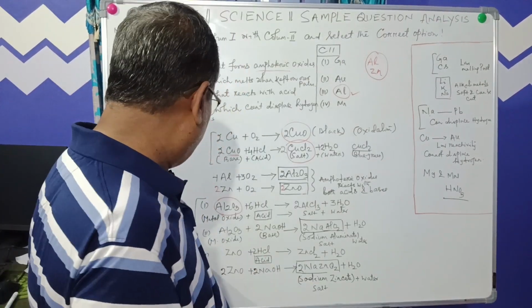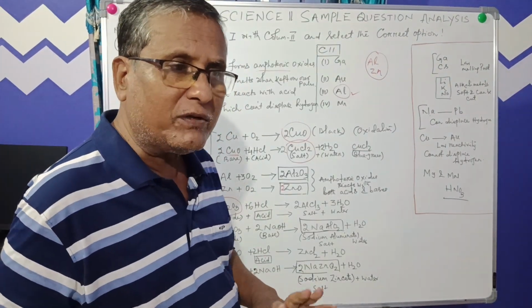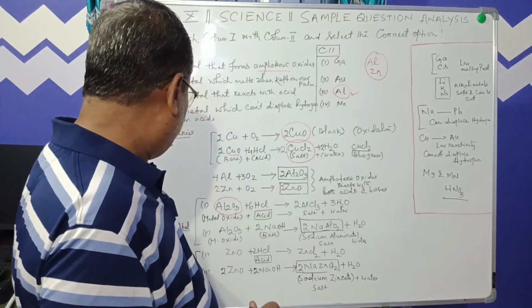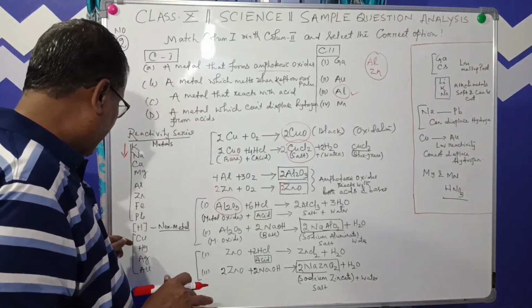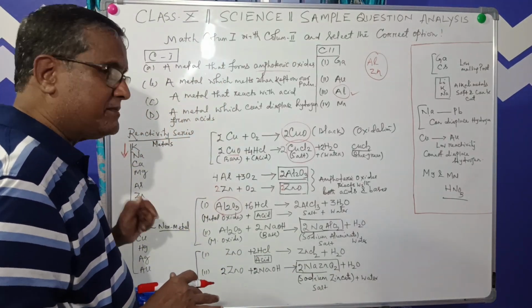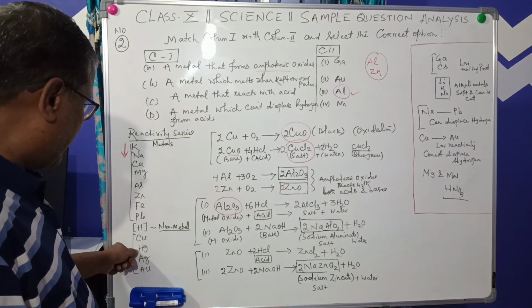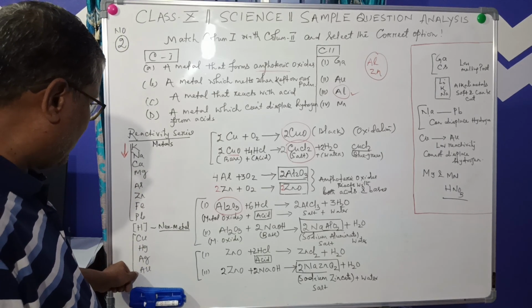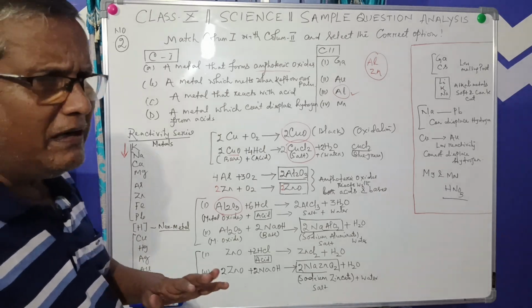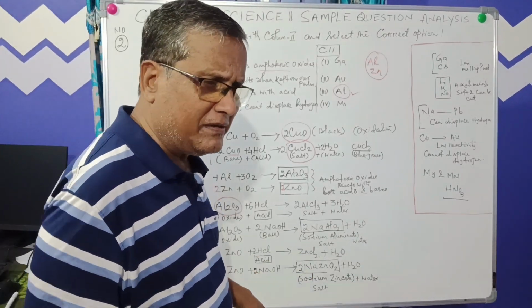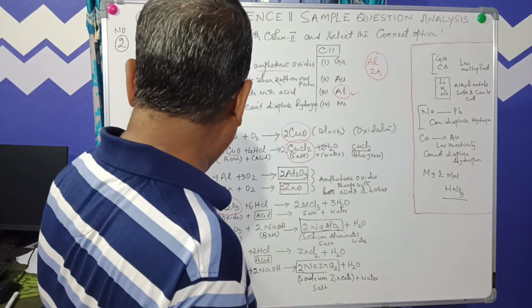Like a metal, it also forms H plus ion. That's why it is placed among the metals. You see copper, mercury, silver, and gold, the four are least reactive. Okay, so please remember this.